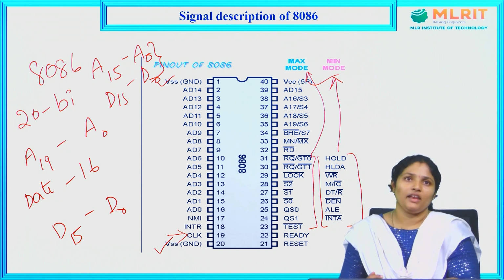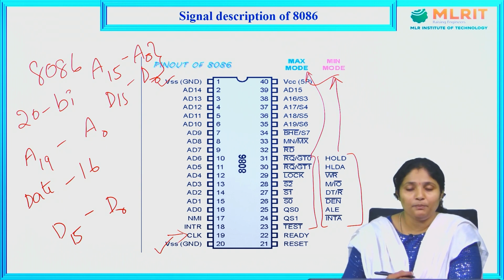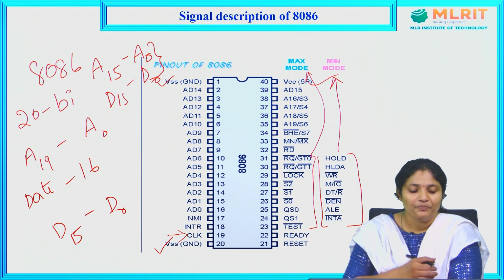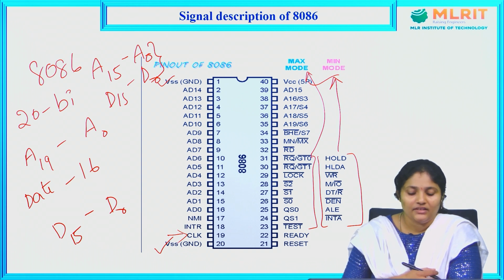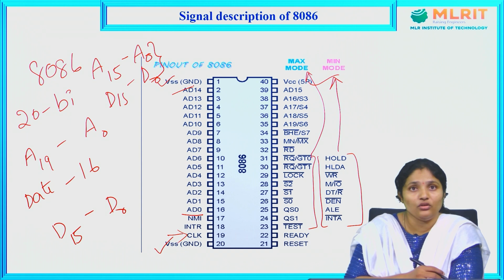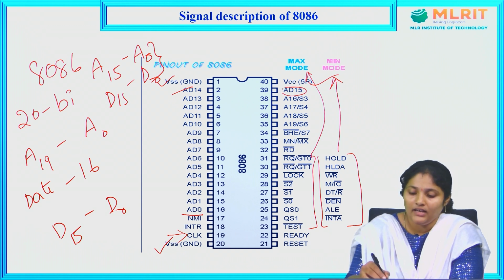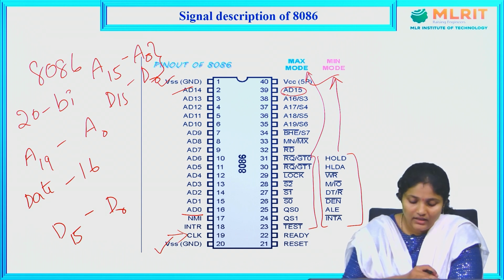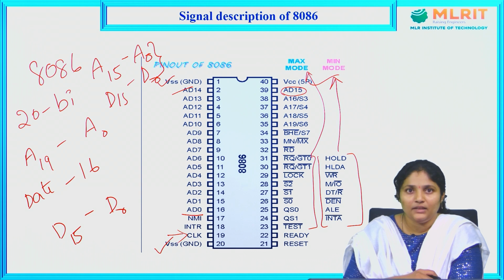So how do we enable address and data, and what pins are used to time multiplex the address and data lines? These 16 pins, AD0 to AD15, are time multiplexed address and data pins which can be used for the address as well as data.